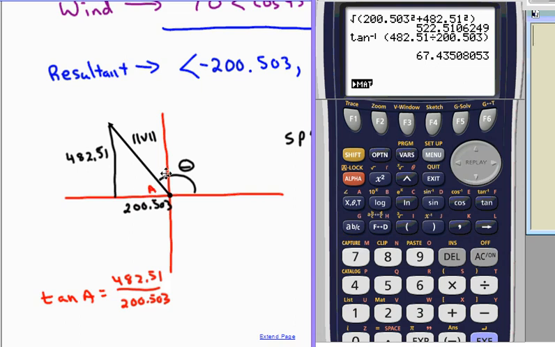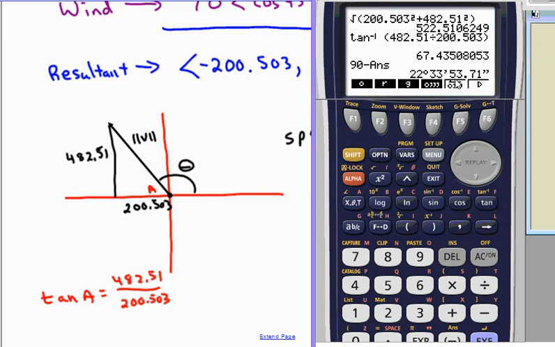Okay, we want this angle right here. So we want to say, instead of going north, the plane's going that far to the west. So let's take 90 minus that. 22.565 degrees. And let's put it in degrees, minutes, seconds. Let's convert to degrees, minutes, seconds: 22 degrees, 33 minutes, 54 seconds.